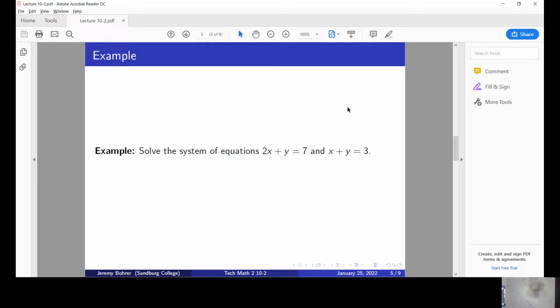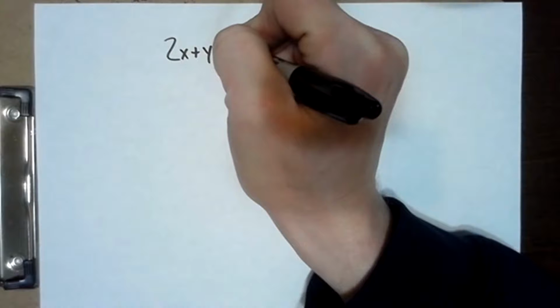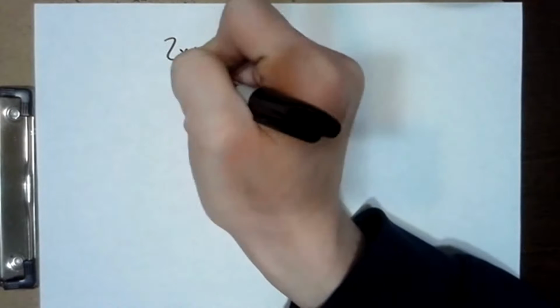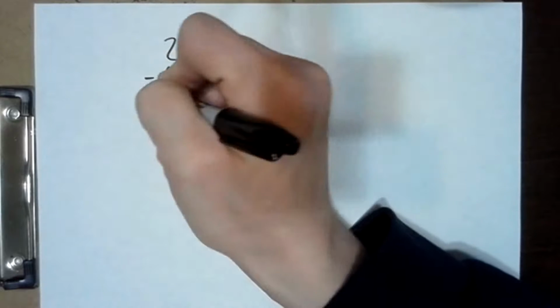We have the next system of equations, 2x plus y equals 7 and x plus y equals 3. We've got our system of equations, 2x plus y equals 7. x plus y equals 3, and this time I'm going to subtract.